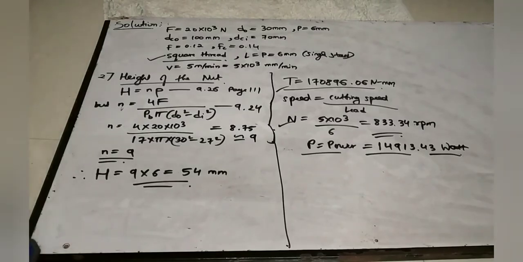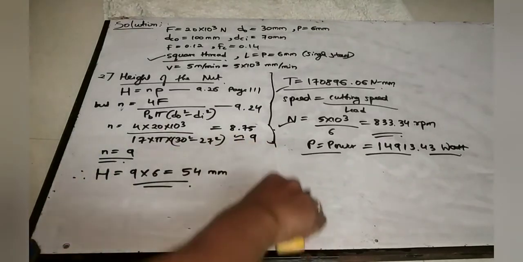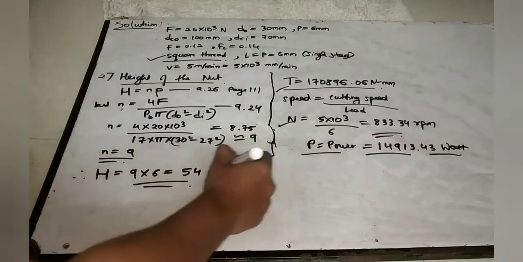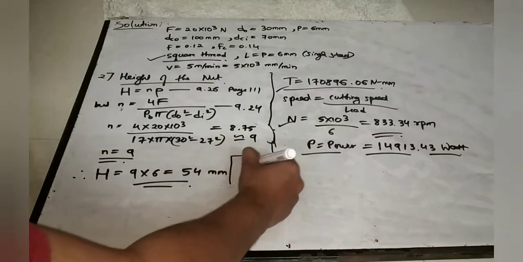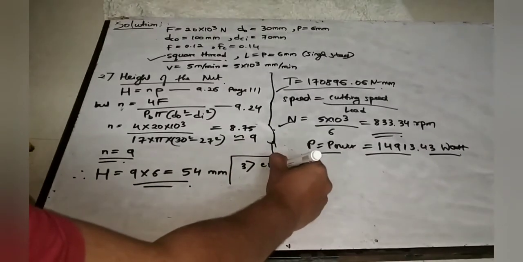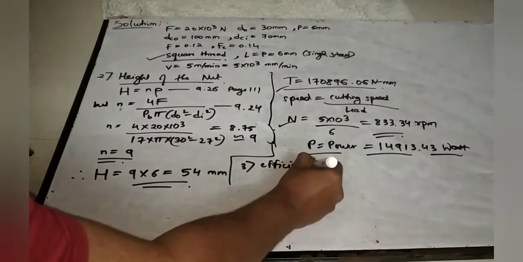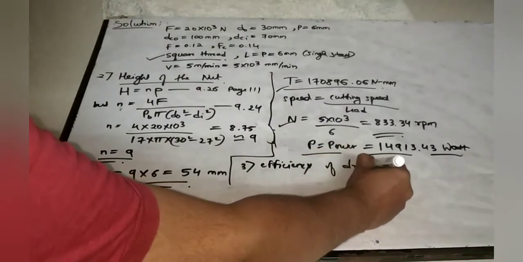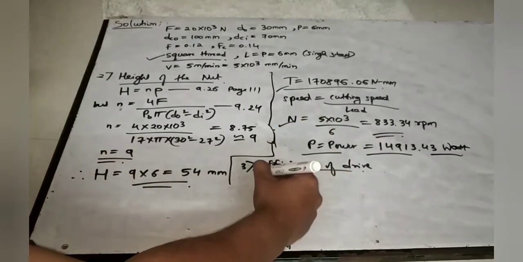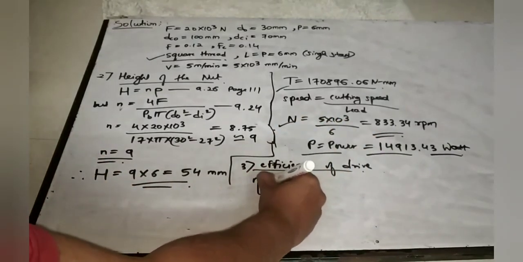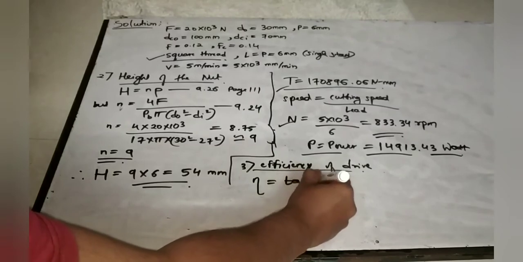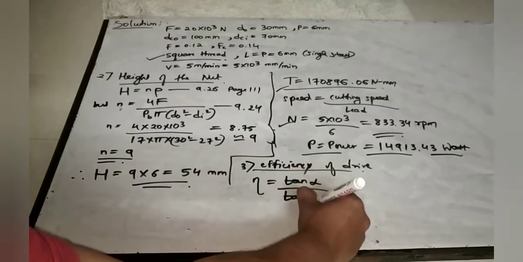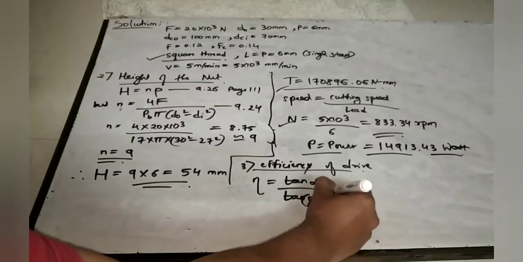So last part they are asking, what are they asking? So let me write over here. Efficiency of drive. So efficiency, what we have derived, is tan alpha upon tan of phi plus alpha, right?